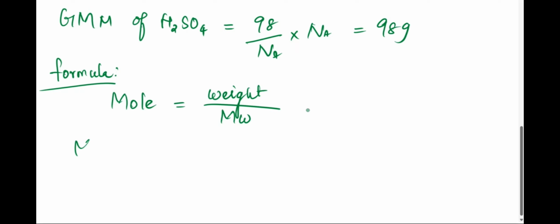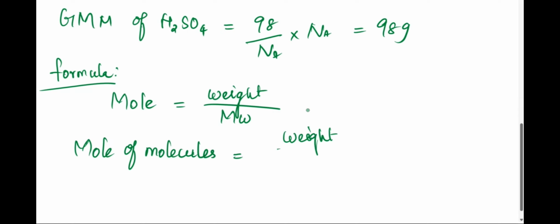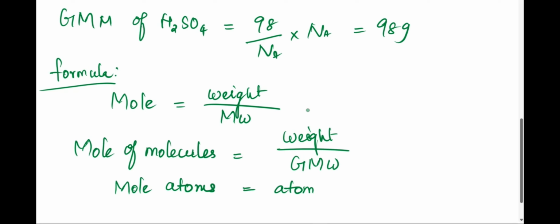Mole of molecules is weight divided by gram molecular weight. Mole of atoms is equal to atomicity into mole of molecules, what we got in the second formula.